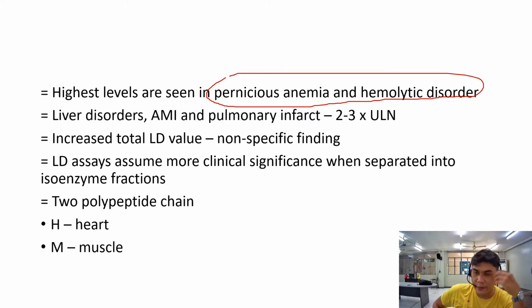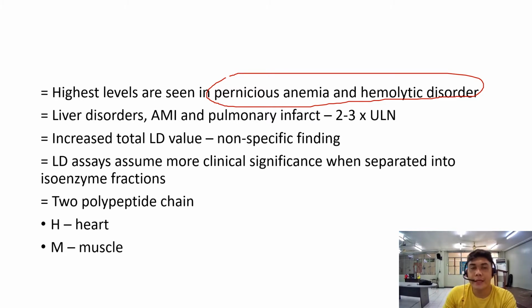The function of your spleen is to sequester or remove abnormal RBCs. So if the RBC is big, it will be sequestered, resulting in destruction of red blood cells. That's why there is an increase in lactate dehydrogenase in pernicious anemia.